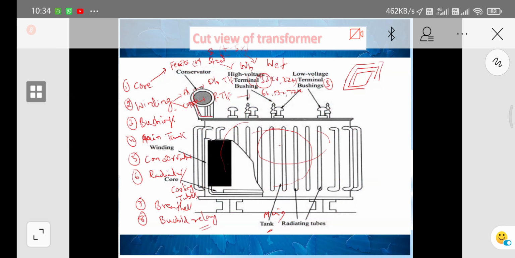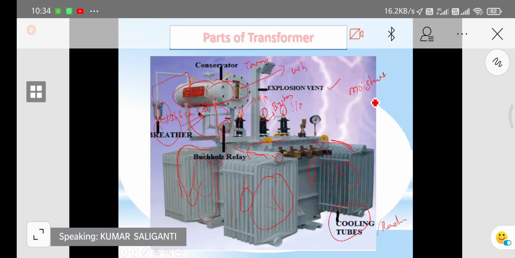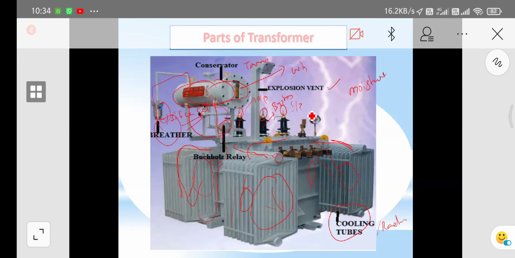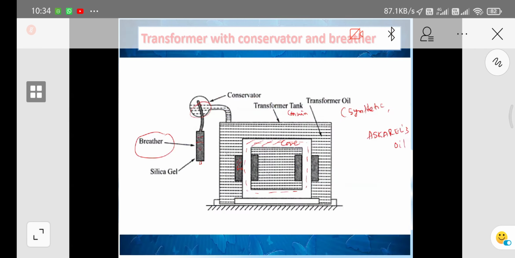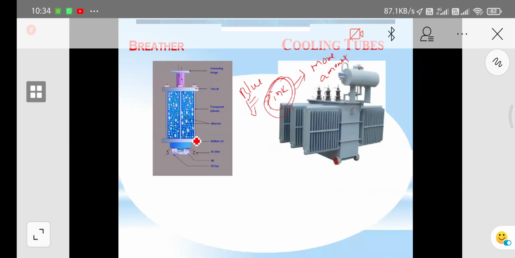Next, in the breather, you should always remember that the natural color of silica gel is blue. This has been asked a number of times. The natural color of silica gel is blue here.